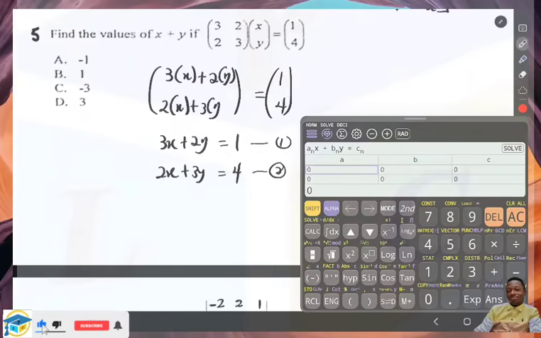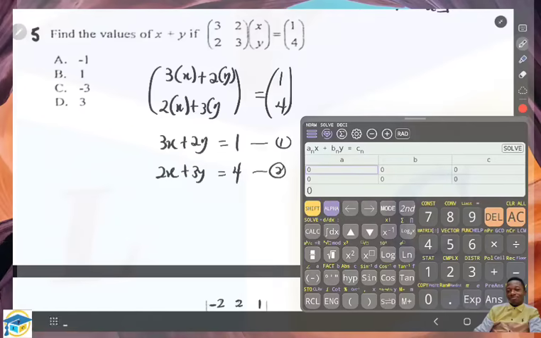So you go to mode, you go to 5, and you select this equation. Once you're able to get that, the screen of your calculator should appear like what you see here in my case.